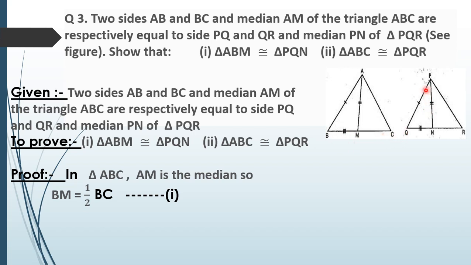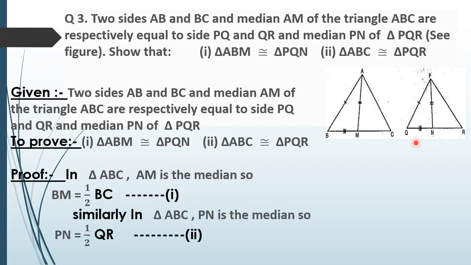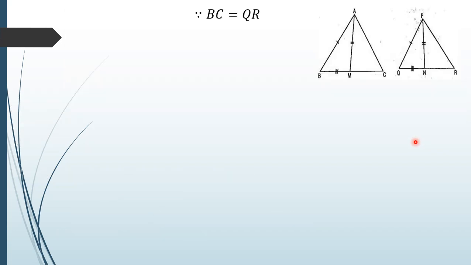Similarly, in triangle PQR, PN is the median, meaning N is the midpoint of the side QR, and we can write QN is equal to half of QR. Now, as it is given in the problem, BC is equal to QR. So half of these two sides are also equal. So we can write half of BC is equal to half of QR, and half of BC is BM, and half of QR is QN.